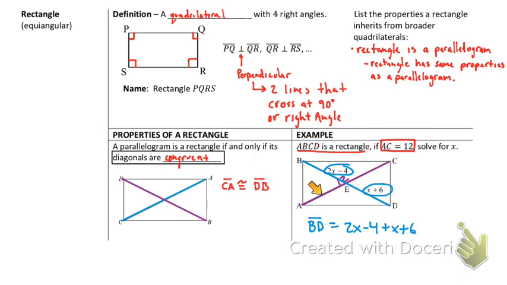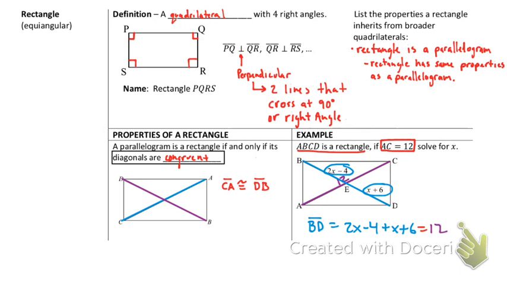Because this is a rectangle, we can put this information, because this is BD, and set it equal to the purple line segment. And we know the purple line segment AC is equal to 12. This is by the property that the diagonals have to be congruent. They have to be the same measure.